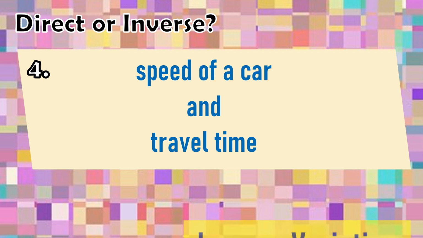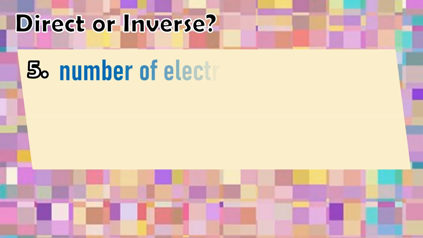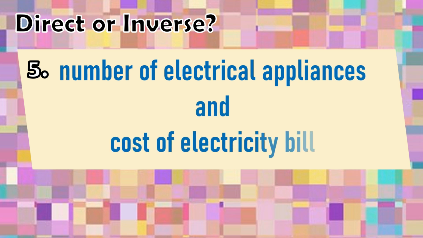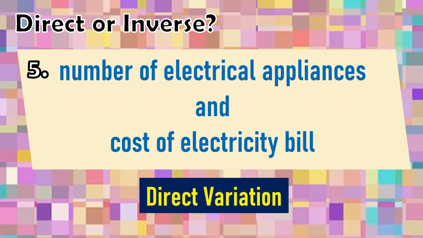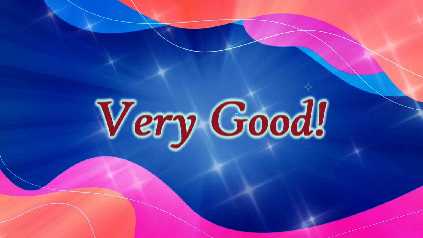That is inverse variation. And number 5. The number of electrical appliances and the cost of electricity bill. Perfect. That's correct. Direct variation. Very good. Keep it up, my dear students.